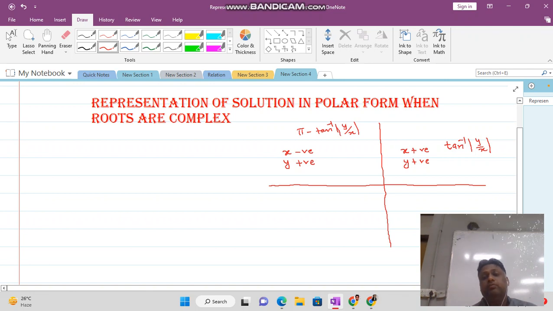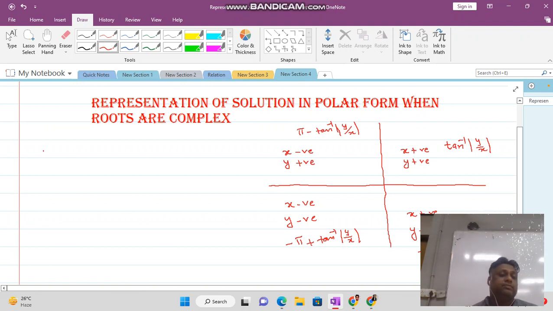Next, if x is negative and y is negative, then we find the angle using this formula: minus pi plus tangent inverse y by x. And when x is positive but y is negative, then the angle is found using minus tangent inverse y by x. So this rule you always remember.